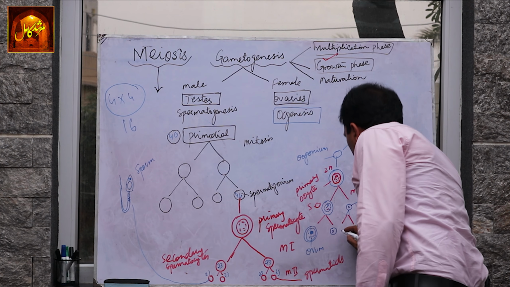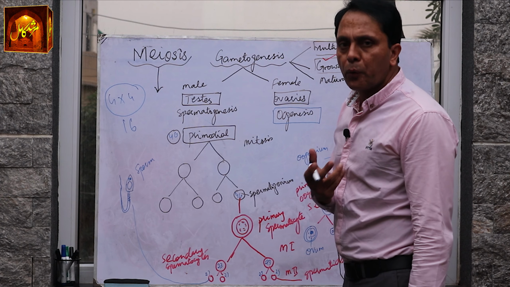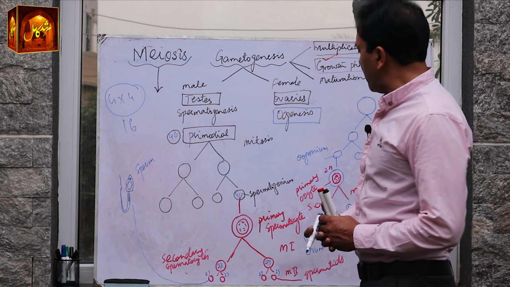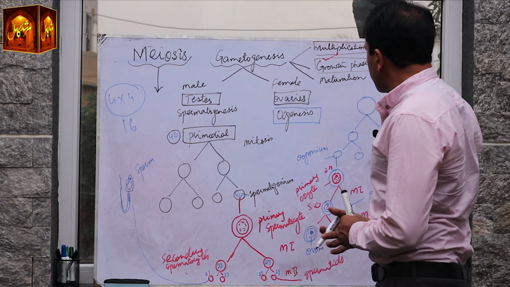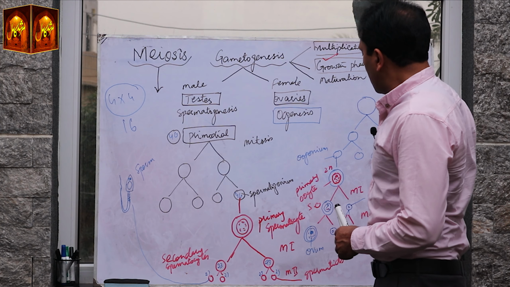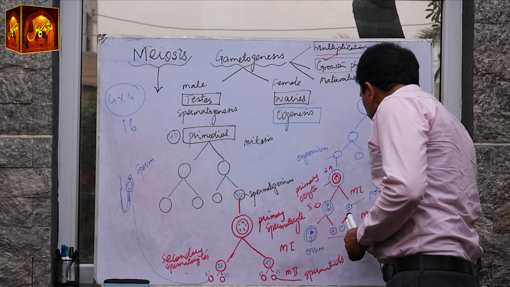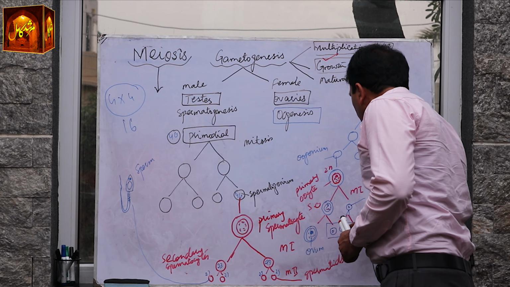This polar body will divide to make 2 more polar bodies. So overall, after this process of oogenesis, one primordial cell will give rise to only one ovum and 3 polar bodies.